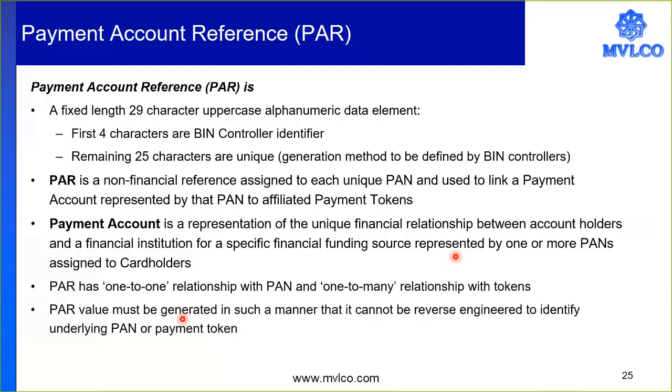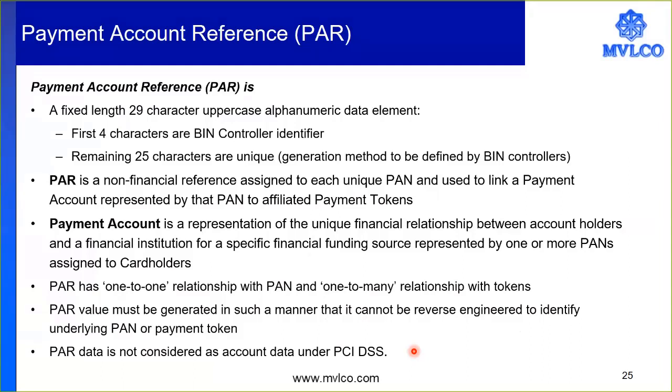Now this PAR value must be generated in such a manner that it cannot be reverse engineered to understand the underlying PAN or payment token. From the PCI DSS perspective, many of you would be wondering what happens from the PCI DSS standpoint, that is the Payment Card Industry Data Security Standard. Under PCI DSS, if something gets classified as account data, then various types of requirements get applied.